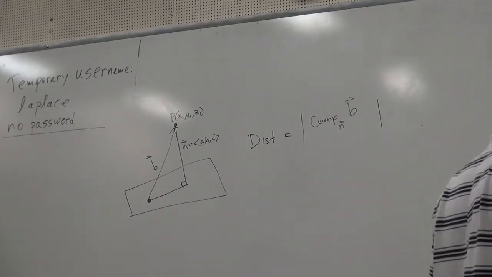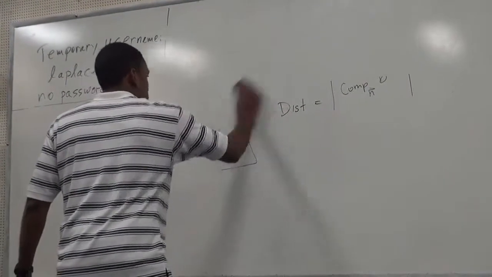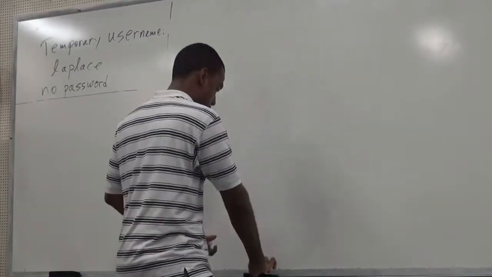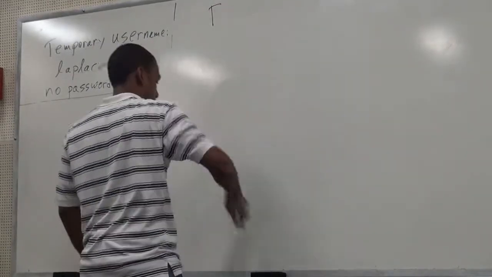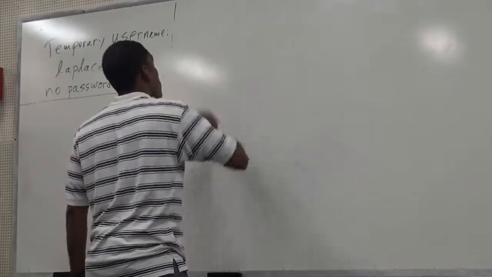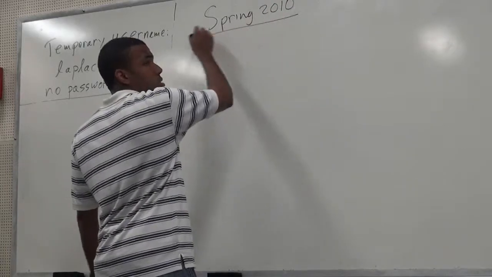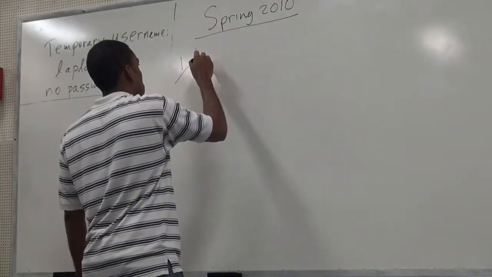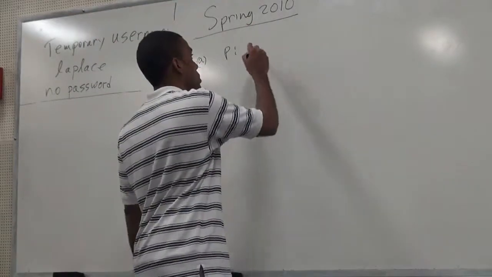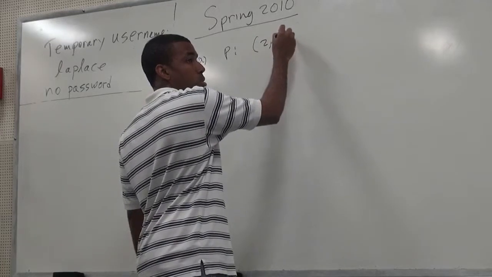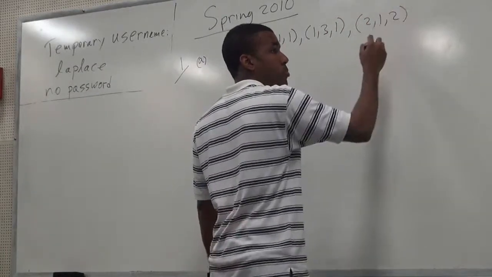Okay, let's do that whole problem. So this actually asks you to find the line of intersection. And then we're going to do part B. So we have a plane that goes through 2, -1, 1, 1, 3, 1, 2, 1, 2.